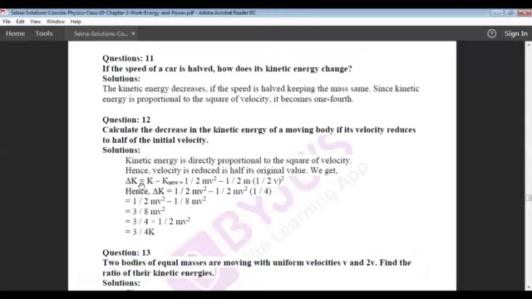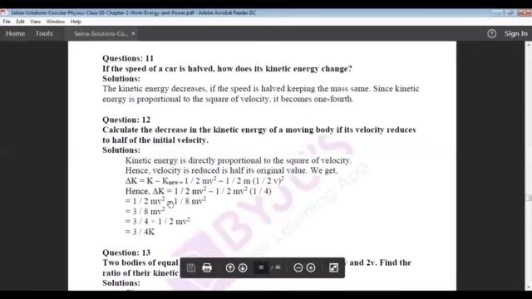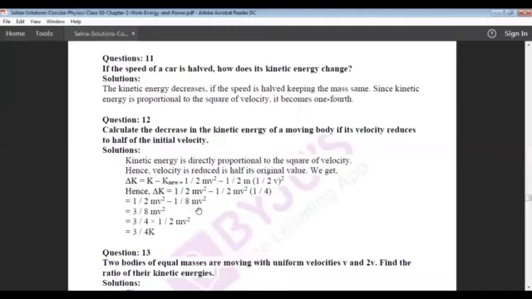Initial kinetic energy minus the new kinetic energy is half mv square minus half m into brackets, since finally it is decreased to half of the initial value, so half v bracket square. Therefore delta K, the difference in kinetic energy, if you simplify this, is 1 by 2 mv square minus 1 by 8 mv square.